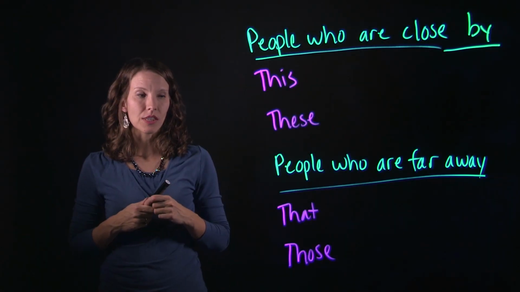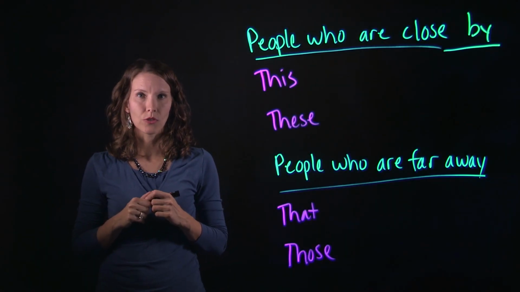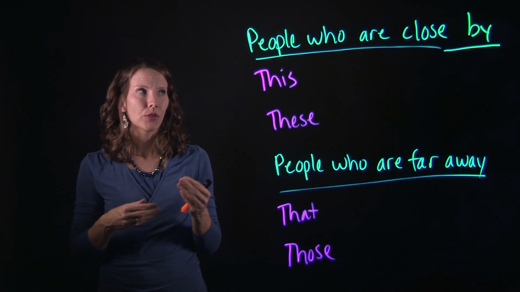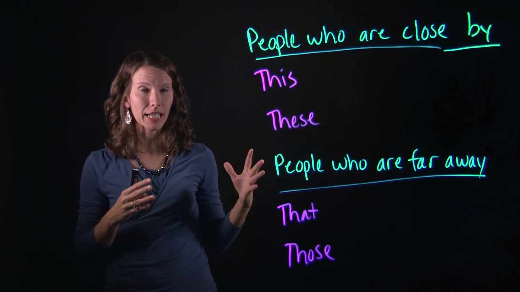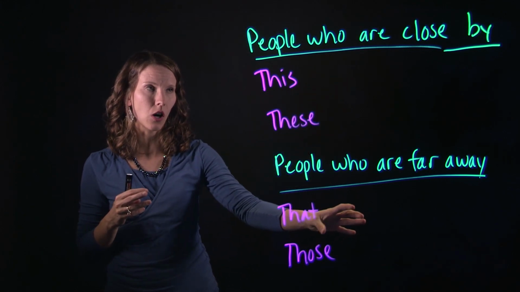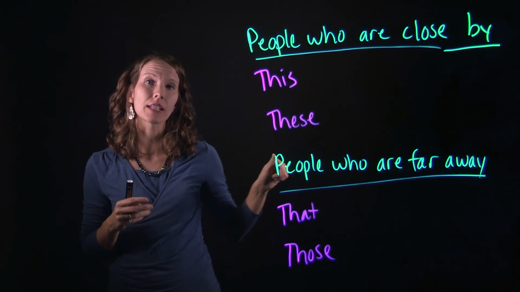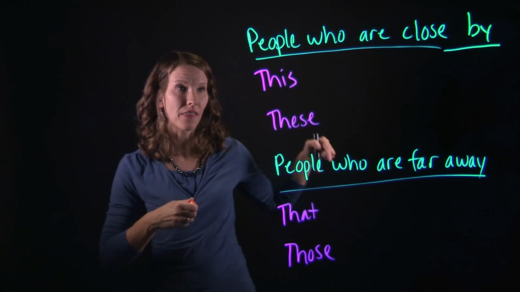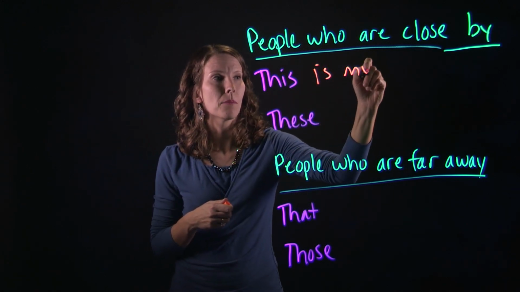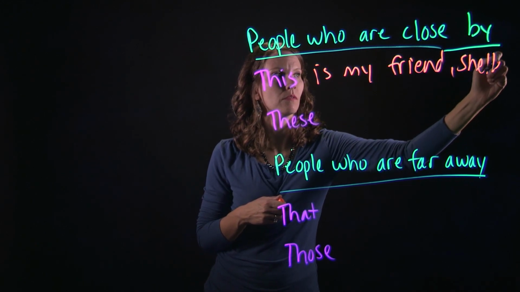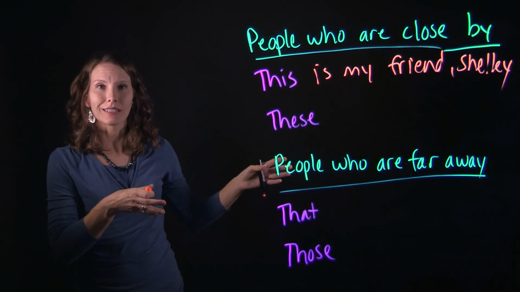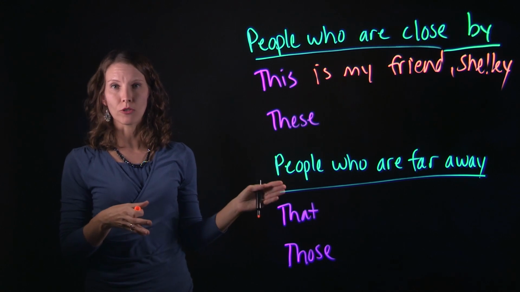We also use this, that, these, and those to introduce people. So if I am introducing people who are standing right next to me, again, the distinction is close versus far. If I'm introducing someone who's standing right next to me, I would say, this is my friend Shelley, for example. That would mean Shelley is standing right there next to me and I'm introducing her.